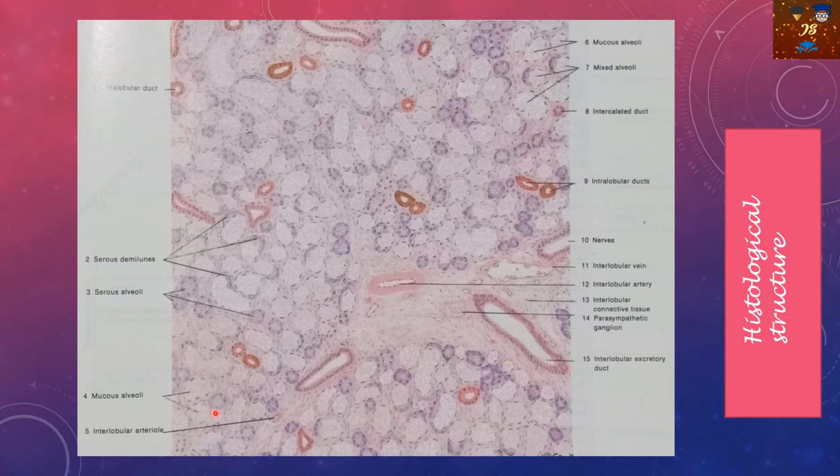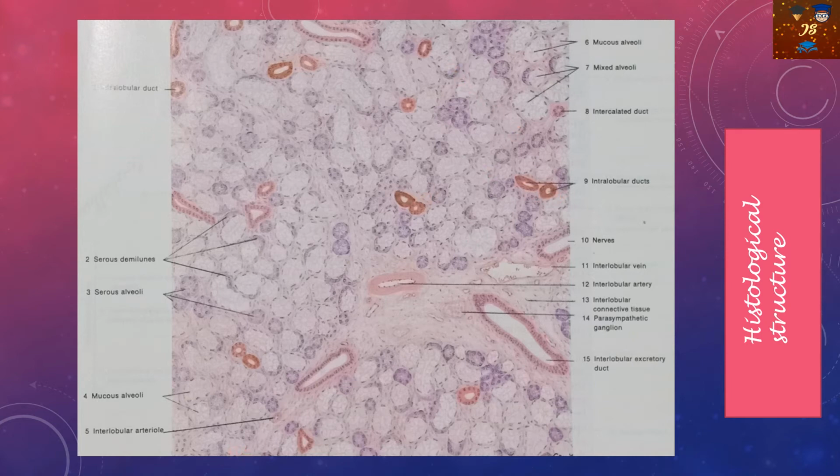If we compare the mucus and the serous alveoli, you can clearly see that much less serous alveoli are present when compared with the mucus alveoli. So this is the first identifying character, that is, a greater amount of mucus alveoli than serous alveoli. And then interlobular ducts, these are the interlobular ducts.